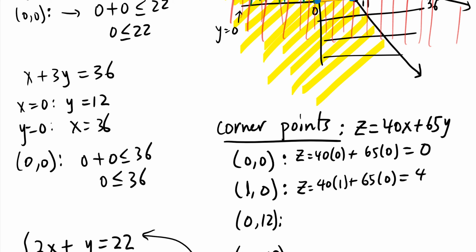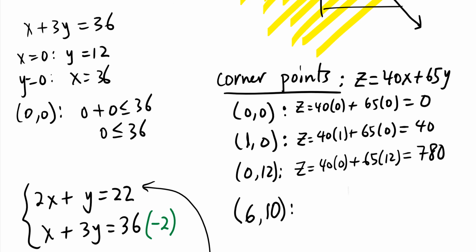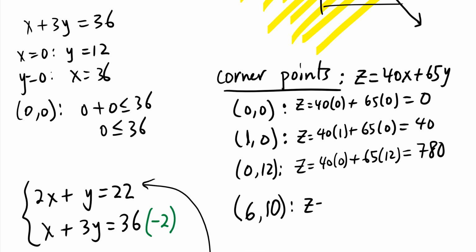The next one, z equals 40 times 0 plus 65 times 12, which is 780. And the last one, z equals 40 times 6 plus 65 times 10, and that gives us 890.